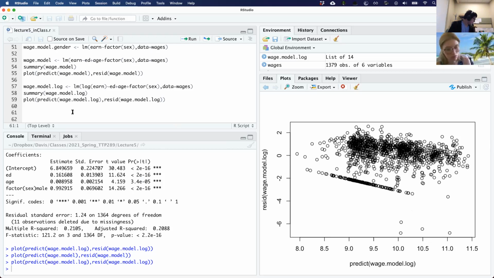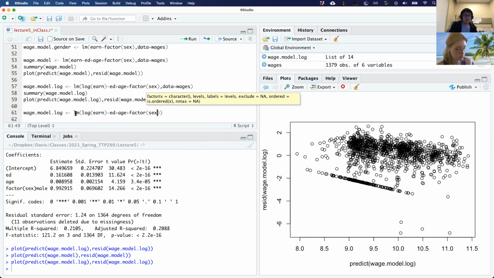Okay, and so this is gonna be, I'm just gonna do the same thing. Education, age, gender.